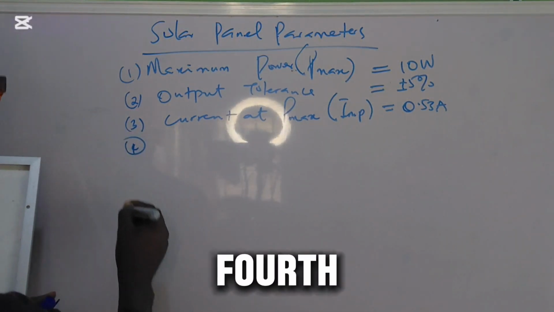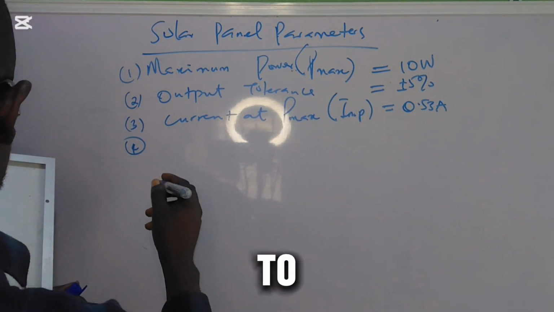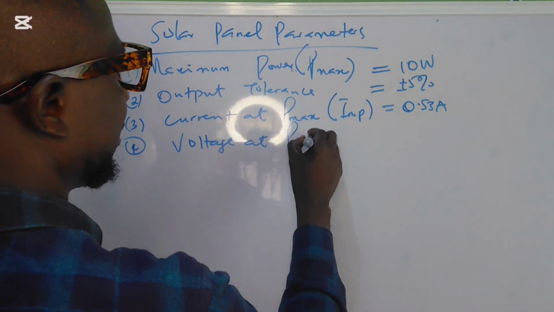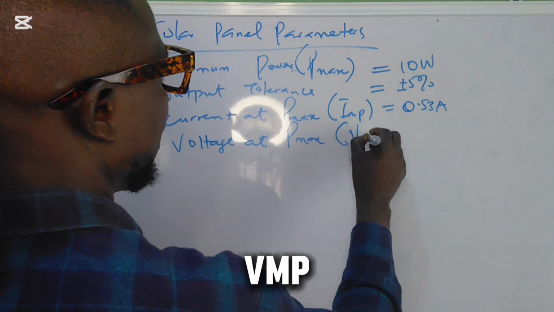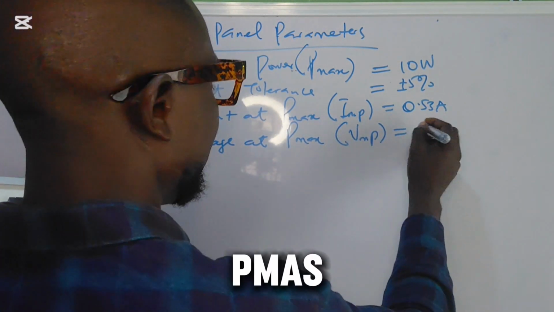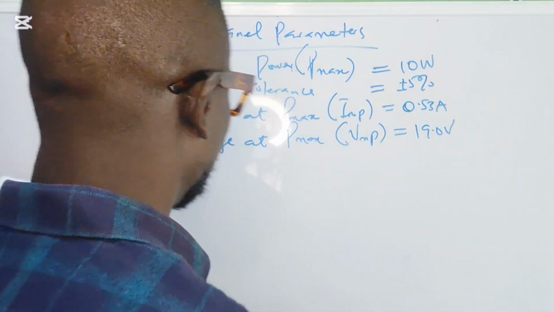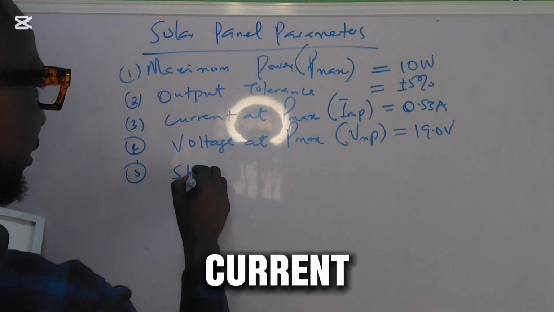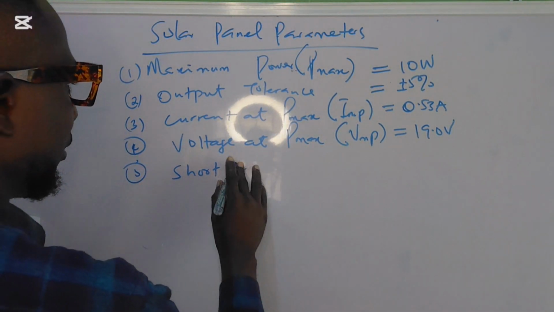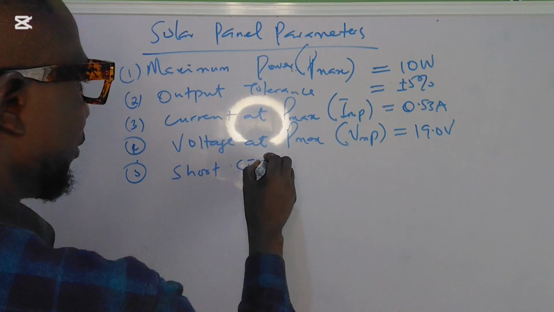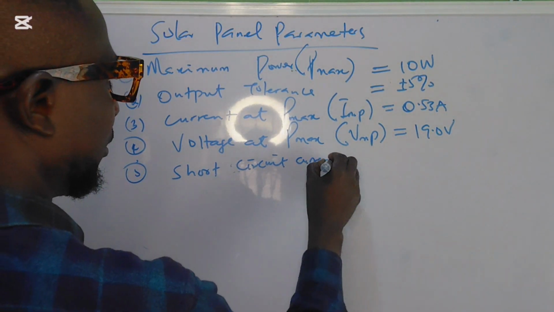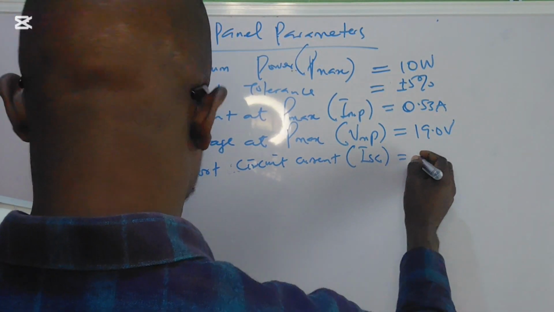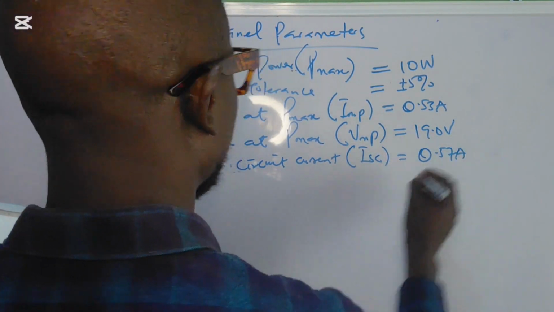Then we have the 4th parameter, the voltage at Pmax, what we call the Vmp. The voltage at Pmax is 19.0 volts. Then we have the 5th, the short circuit current, ISC, which is 0.57 amps.